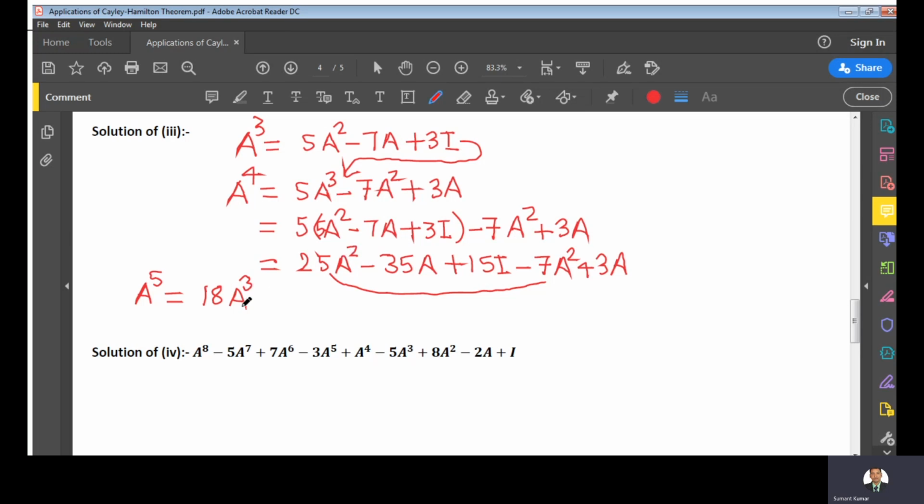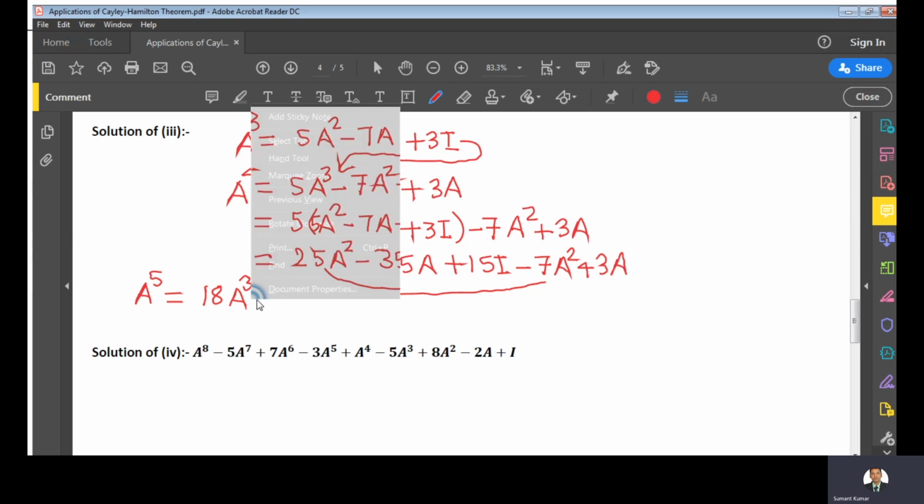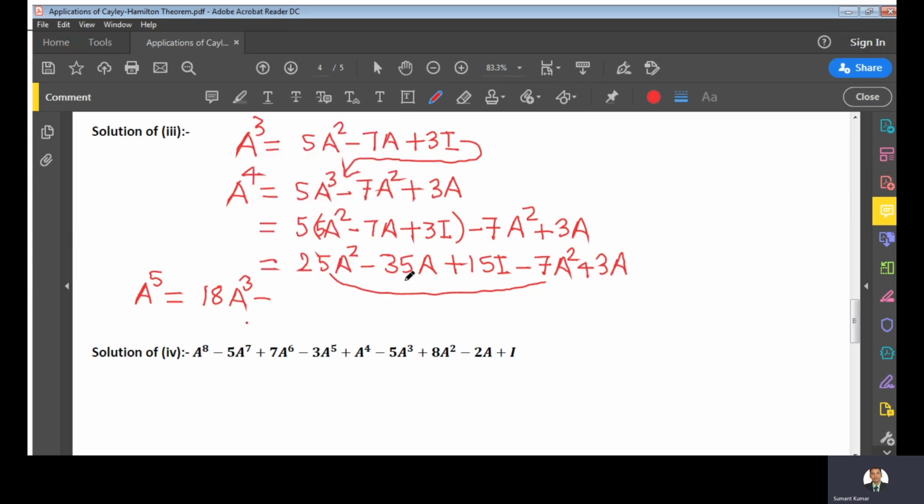So automatically it will become A raised to the power 3 minus 32A, and when you multiply it by A, it will become A square, right? And this expression will be here as it is, 5 times A. Now again A raised to the power 3 is coming here.